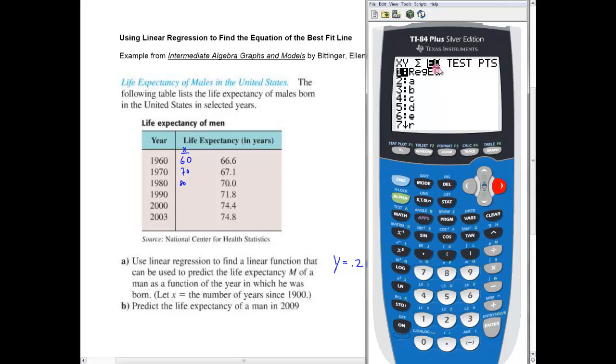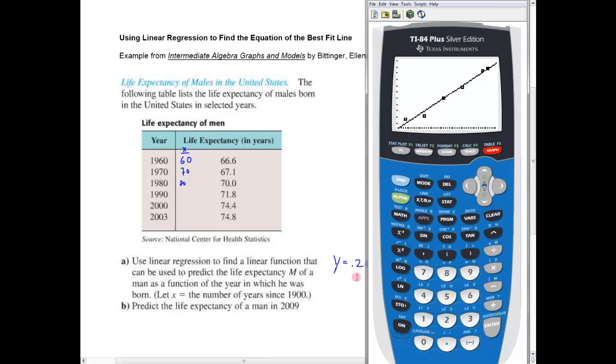If you arrow over to EQ for equation, the very first one is regression equation. I hit enter, and fast as lightning it puts in the 0.205 and a whole bunch of other digits times x plus the 53.596. Then I can graph that in relation to the points, and you see it does pretty well describe that set of data.